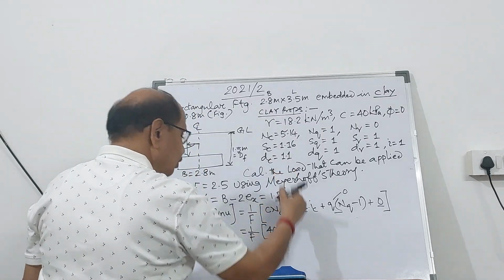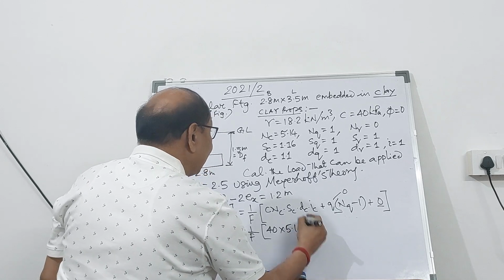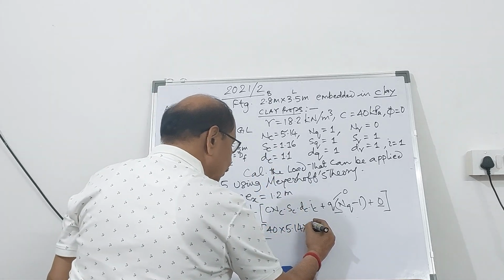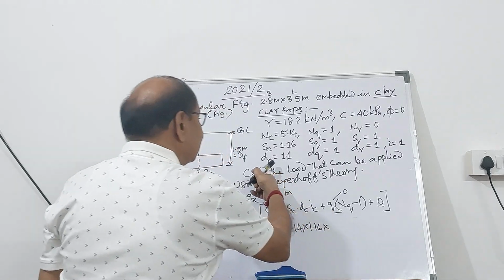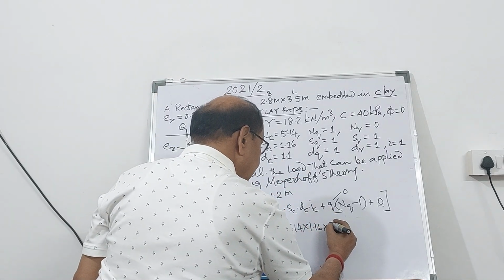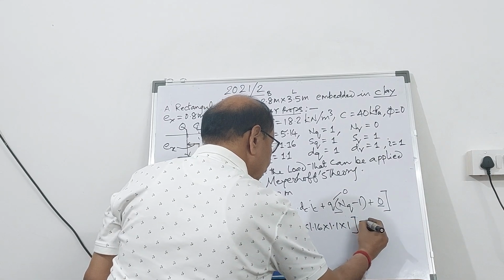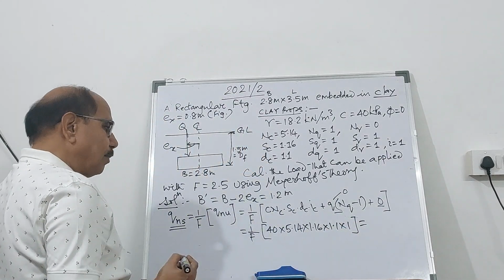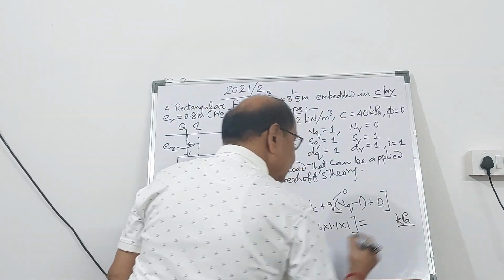Nc value is given to me as 5.14. Shape factor is given to me as 1.16. Depth factor dc is 1.1. Inclination factor is 1. So in kilopascal, I can calculate it.